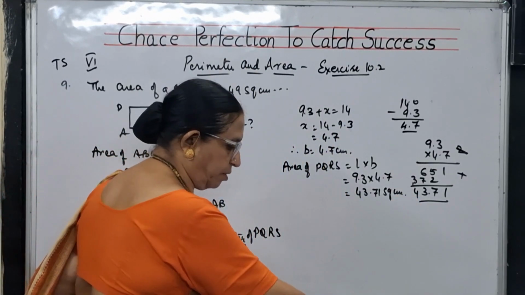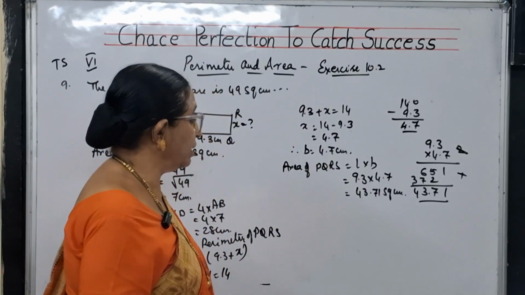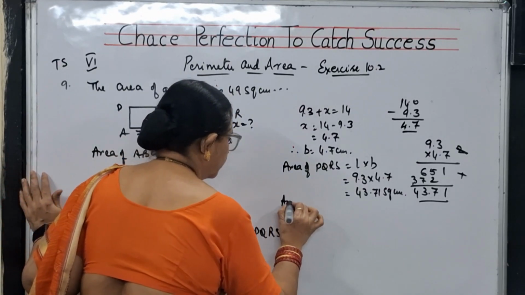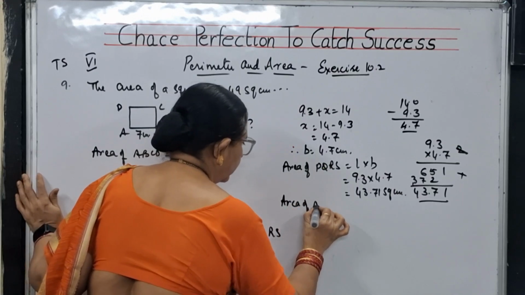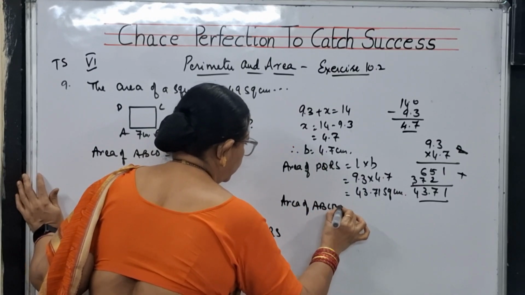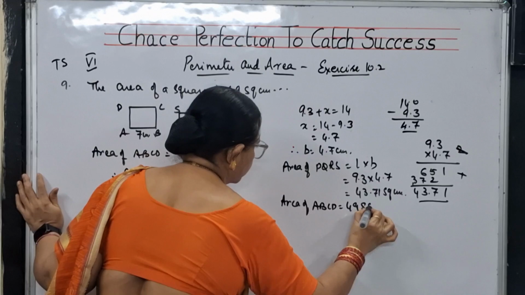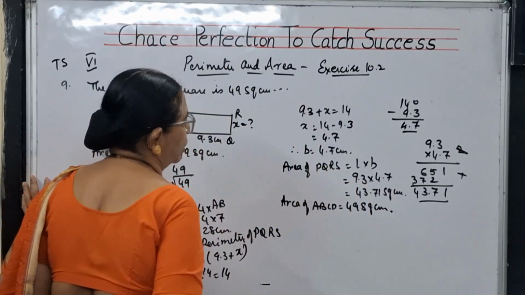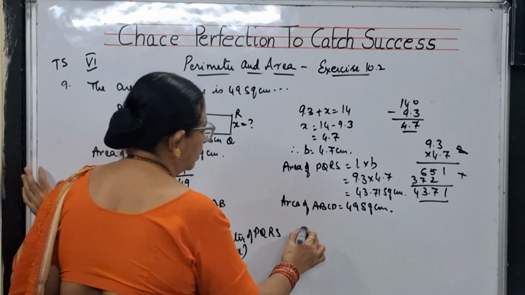The question here is also to find which has greater area. See, area of ABCD is equal to 49 square centimeters. So area of PQRS is 43.7 square centimeters.